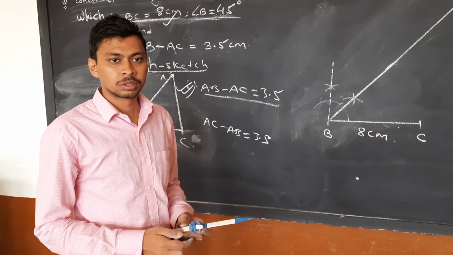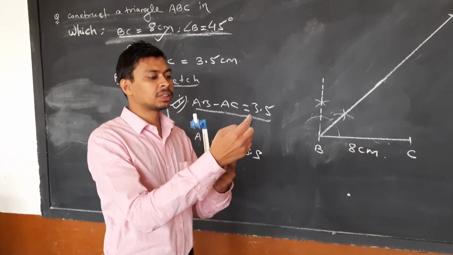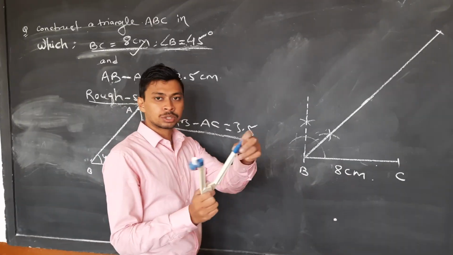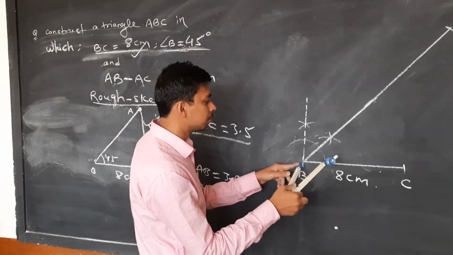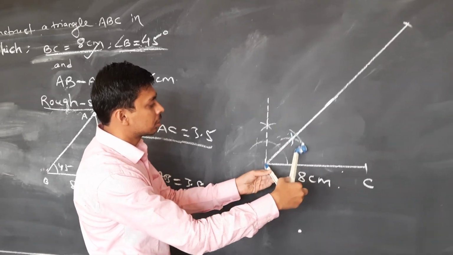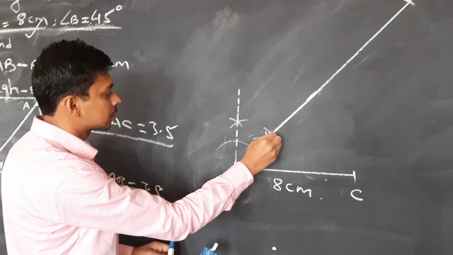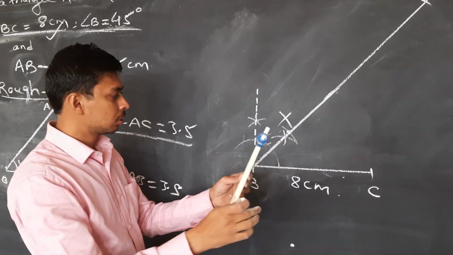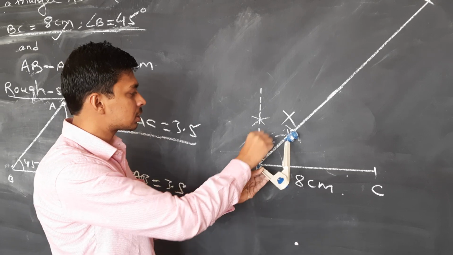Okay. So now this length is 3.5. Keep this tip at B. Taking B as center, I am drawing this arc, name it as X.